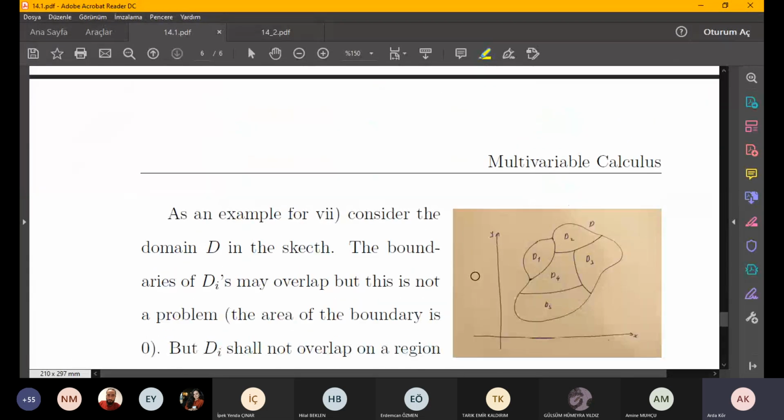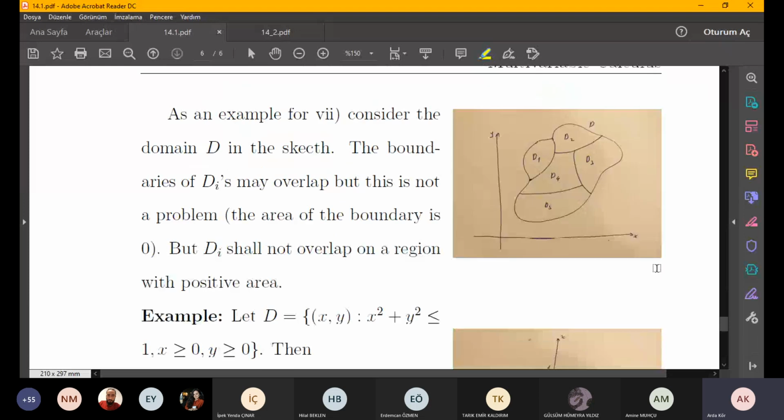So if we just try to sketch those Di's, suppose this is the region D over which you try to double integrate f(x,y), and those are D1, D2, D3, D4, and D5.